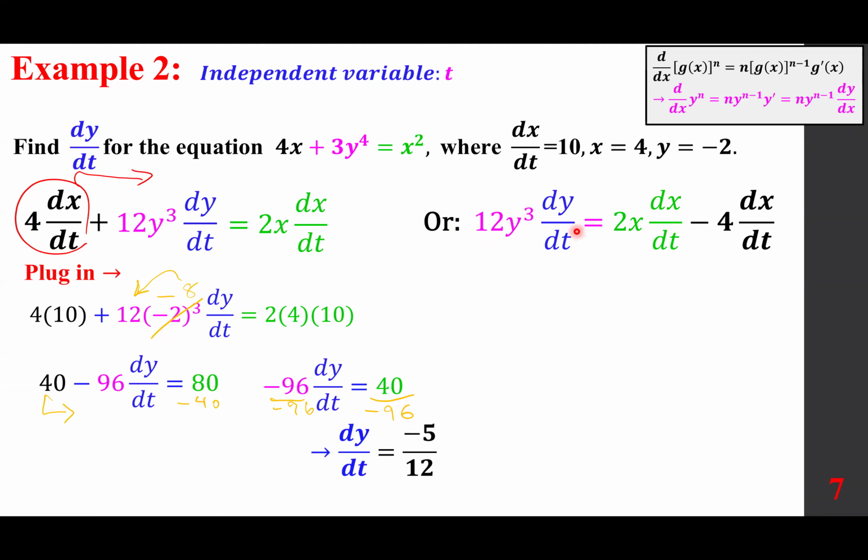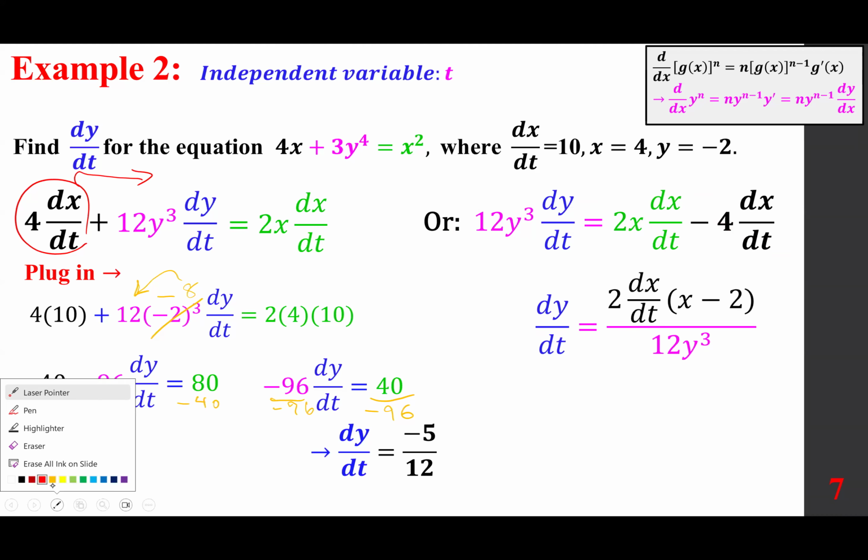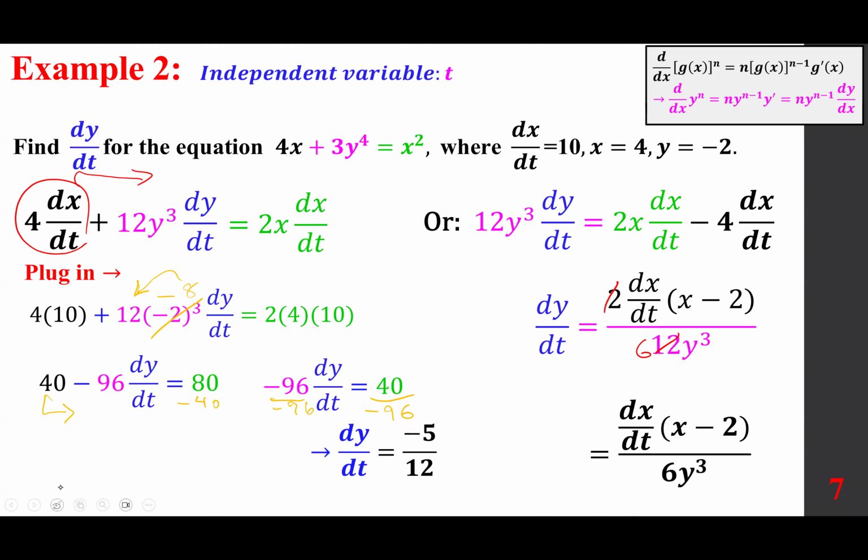Also, on the right side, we can take the 2 out and dx/dt out. So 2 dx/dt, this gives you x, this gives you minus 2. And 2 goes away, this changes to 6. And we have dy/dt is dx/dt times x minus 2 over 6y cubed.